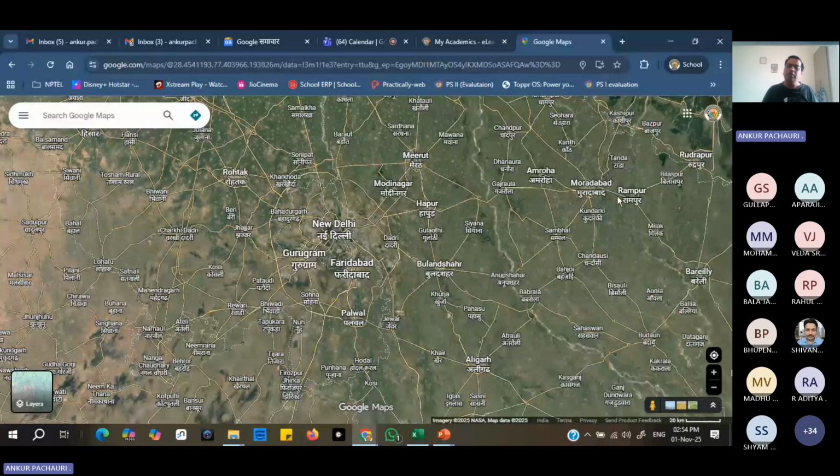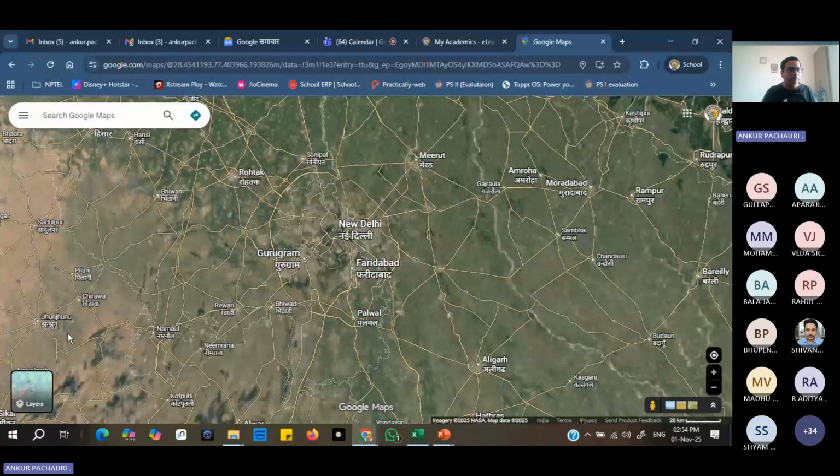Right from Dehradun or Uttarakhand to Pilani in Rajasthan, I'm able to see. Not all the cities are visible to me. Only some big cities which have population or size beyond a threshold are visible. So Delhi, Faridabad, Aligarh, Agra will be somewhere there, and so on, Palwal and all.